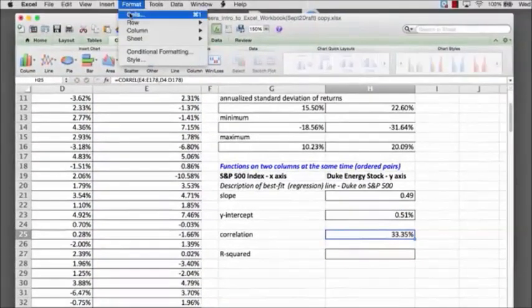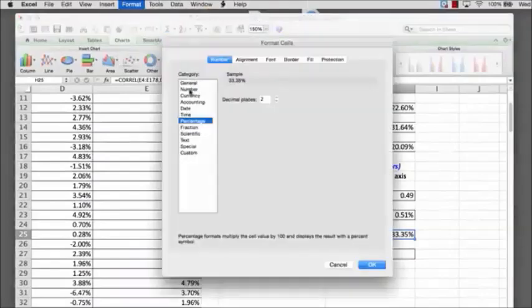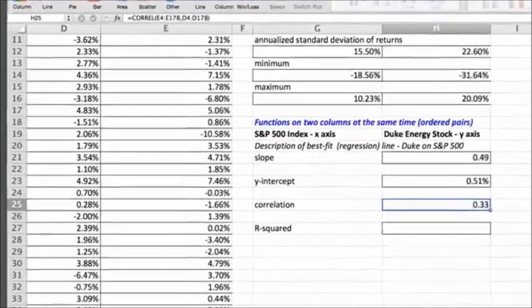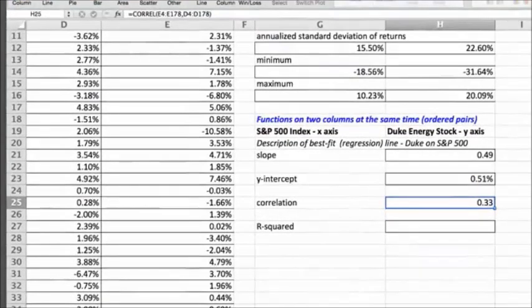And we see that the correlation is significant, but not overwhelming. There's a lot of independent movement here. So what this tells us is that Duke Energy stock often goes its own way. It's often down when the overall stock market is up, and up when the overall stock market is down.